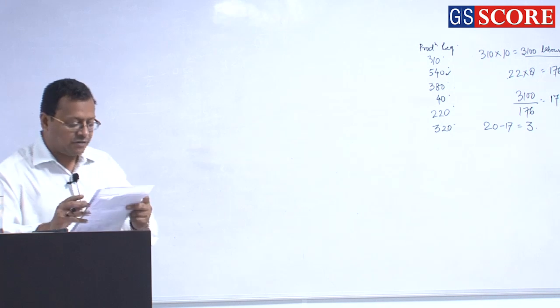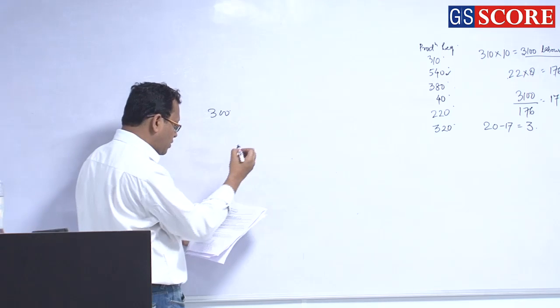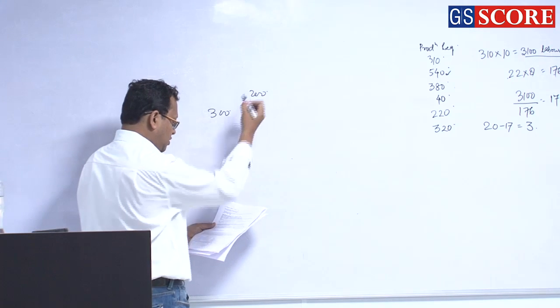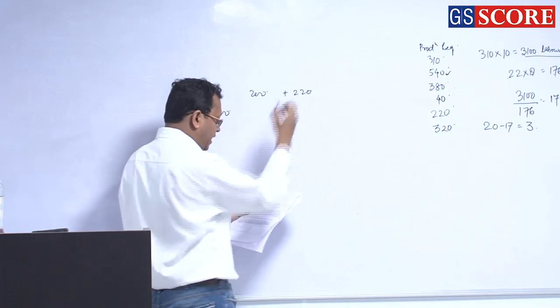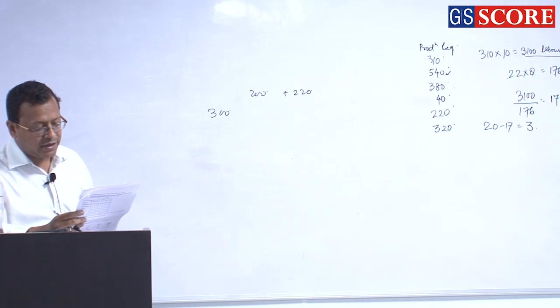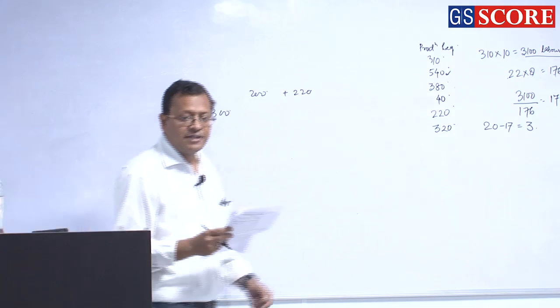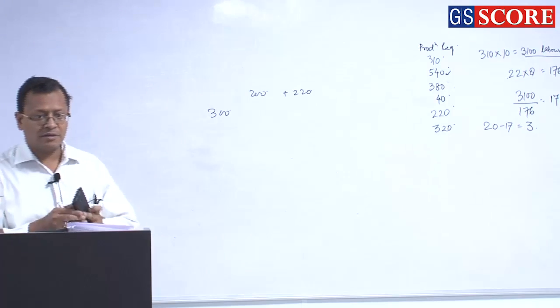From the second statement we can definitely say out of 300 readers, 200 read Financial Express, 220 read Economic Times and 50 read neither. So 300 minus 50 is 250. They read either of the papers, right?